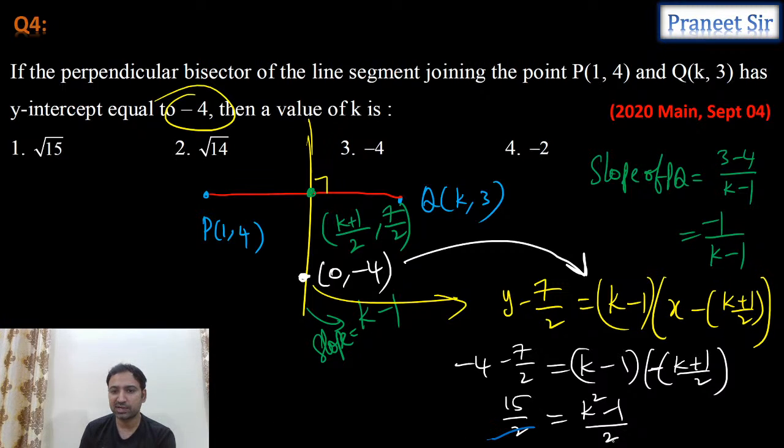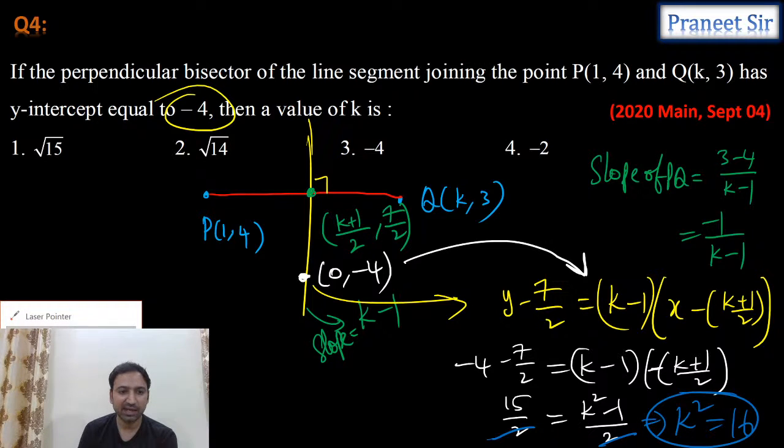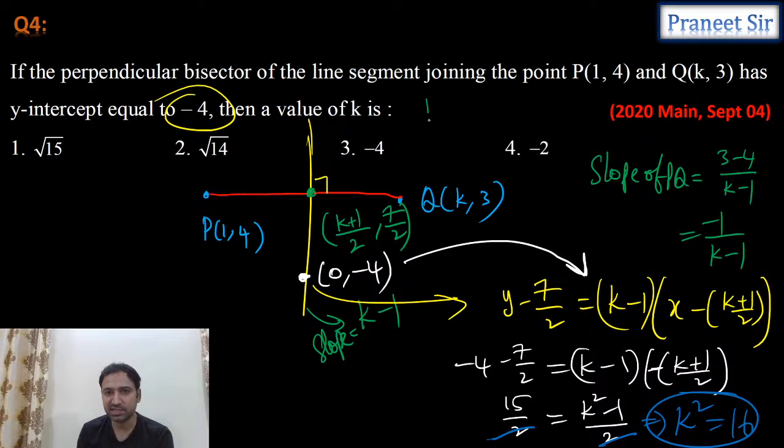So 2 and 2 also get cancelled. Finally, what am I getting? k square is equal to 16, guys. So then what is the value of k? K is equal to plus or minus 4. So the third option is satisfying it. Correct? Is it clear? Any doubts in this?